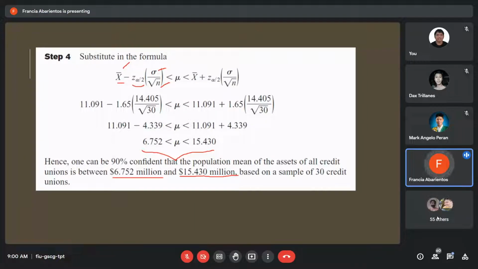So madali lang to class if you know this general formula in the confidence interval. Ito lang, gamay nyo na tong z value. Kayang-kaya nito. Finding the mean and the standard deviation, and the sample size. So, madali lang. Okay.